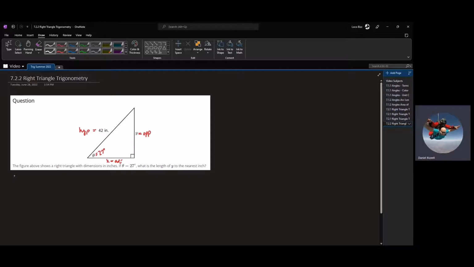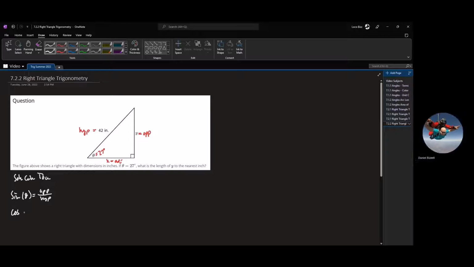So if we look at our basic trig functions with SOH CAH TOA, our sine of theta is opposite over hypotenuse. Our cosine of theta is adjacent over hypotenuse.